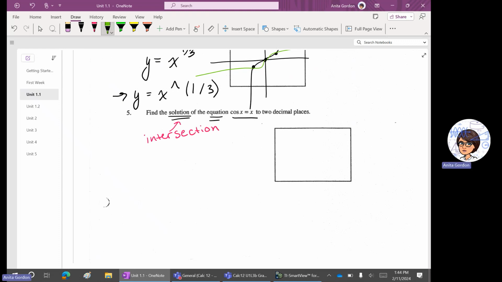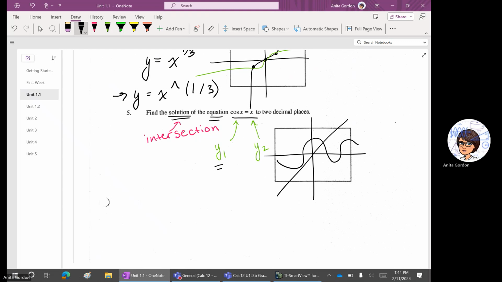When given the equation, we're going to put y1 for the left side and y2 for the right side. So what we are expecting is y1 to produce the cosine graph like this, and y2 to produce a linear thing like this. So we are looking for this spot right there.